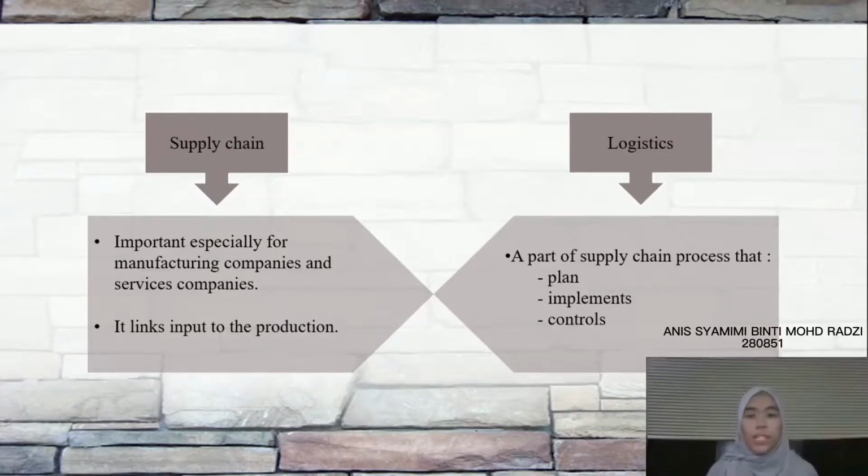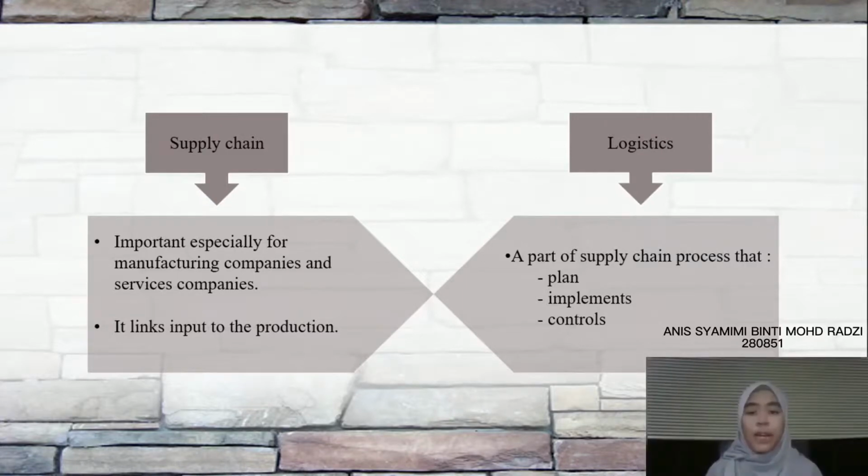Meanwhile, logistics can be defined as a part of the supply chain process that plans, implements and controls the effective and efficient flow of goods, services and related information from the point of origin to the point of consumption. In the highly competitive market, the speed of physical and information flows plays a fundamental role for the achievement of the company objective.